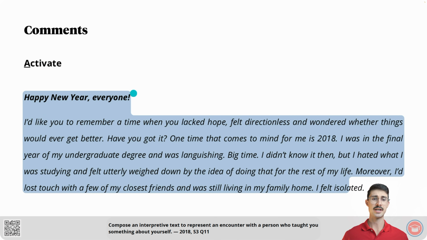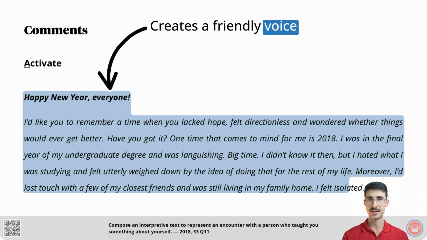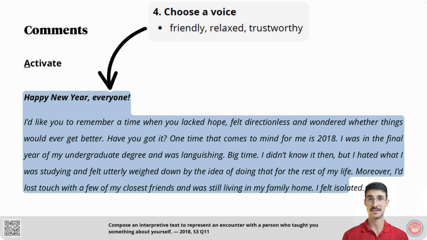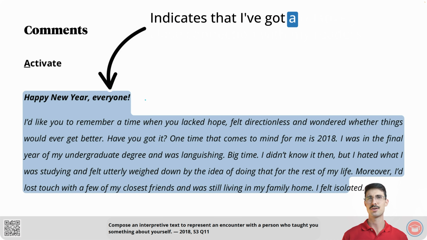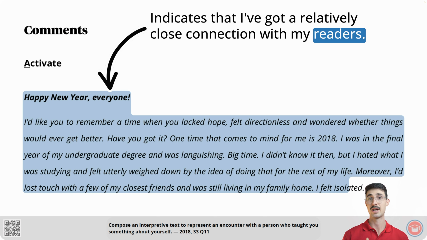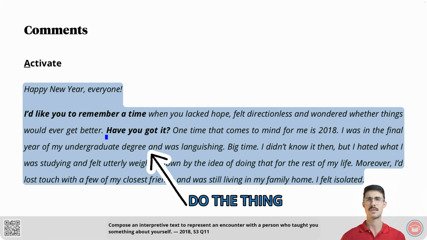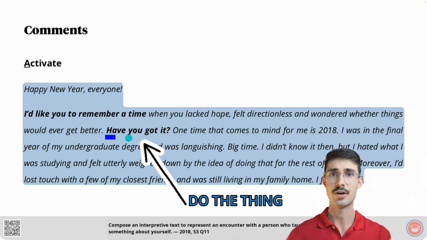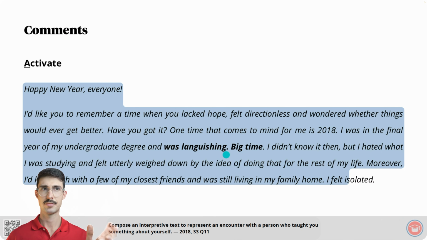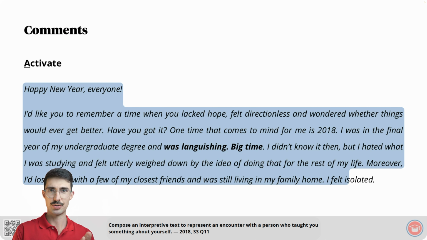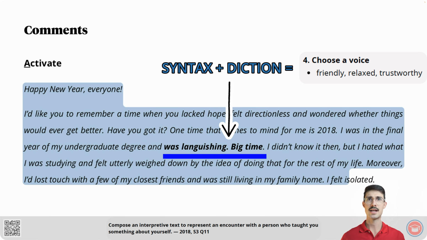Also, this greeting immediately creates a friendly voice per step 4 of the planning steps. This also indicates that I've got a relatively close connection with my readers. This aspect of the activate asks the readers to do something and ensures they don't skim over that request by asking, "Have you got it?" Note how the syntax, sentence structure, and diction, word choice, construct a friendly, relaxed, and trustworthy voice, as was planned for.